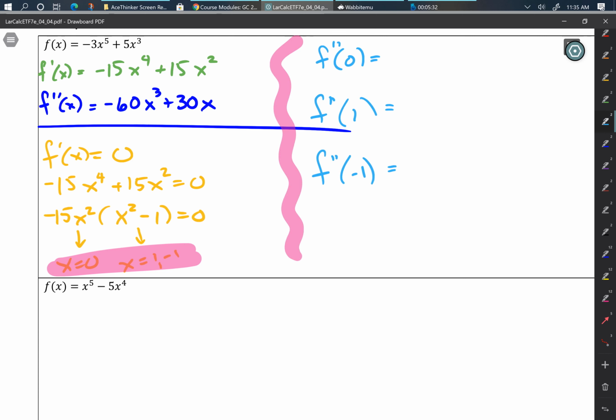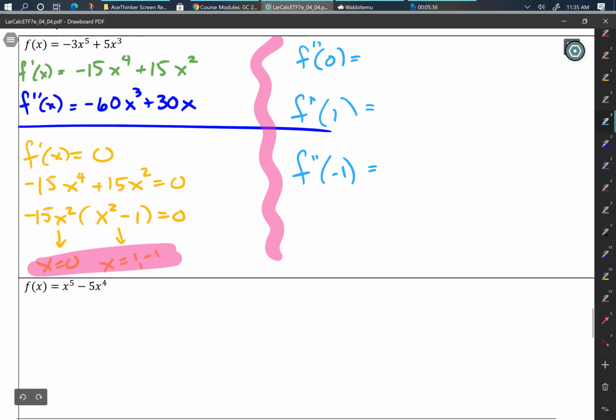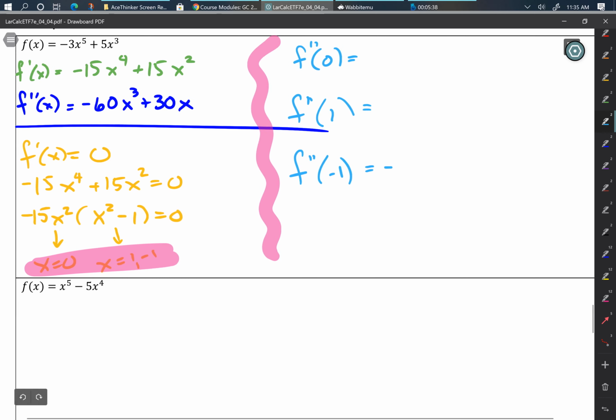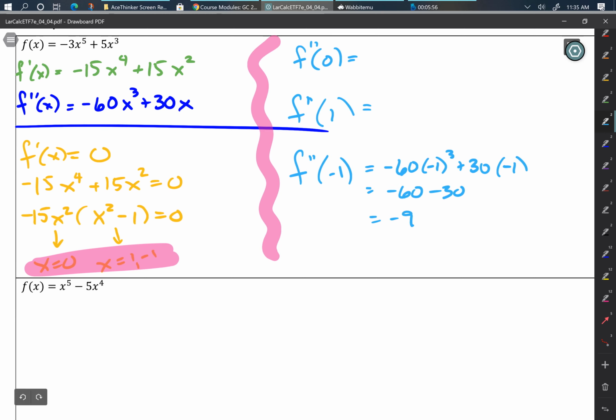Right? So I'm going to start at the bottom and work to the top for no reason other than because I can. F double prime of -1 is going to be -60 times -1 cubed plus 30 times -1. -1 cubed is a negative number, so -1 times 60 is -60, minus 30, -90.